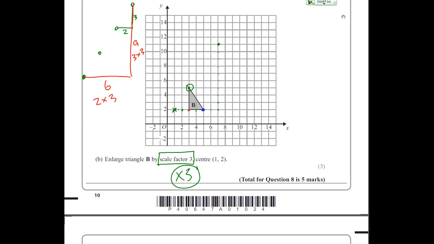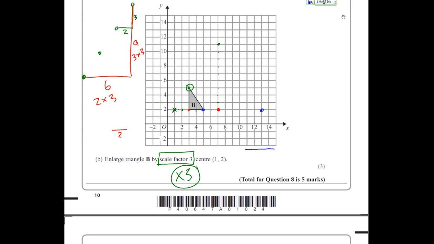Next one, the red point. This was a boring one, it just went 2 across. If you times that by 3, you're going to go 6 across. Here is your new corresponding red point. The blue one goes 4 across, quite boring again. Times it by 3, 4, 8, 12. 12 across.